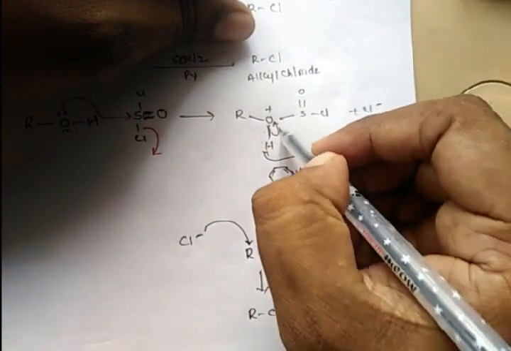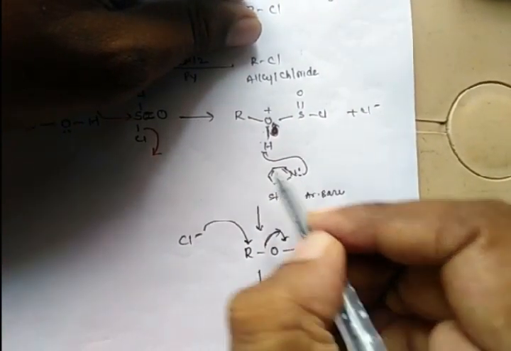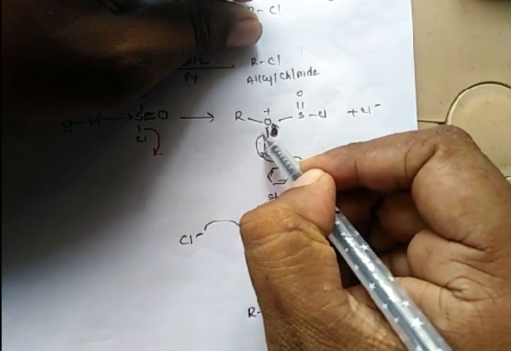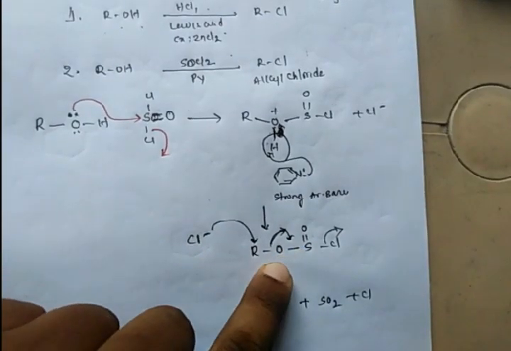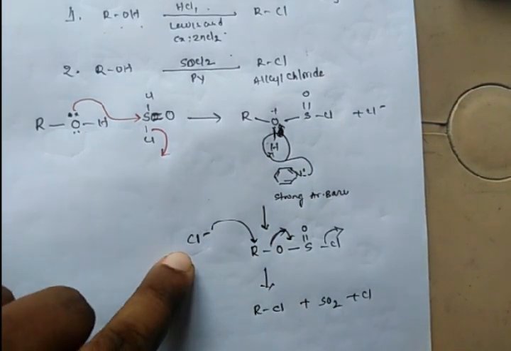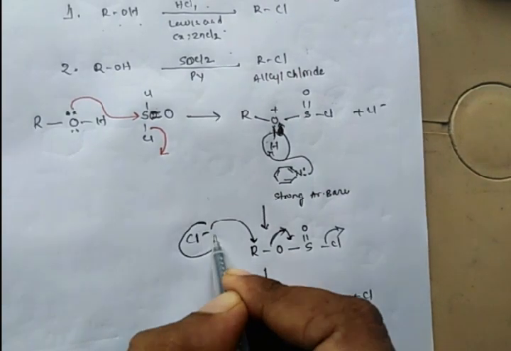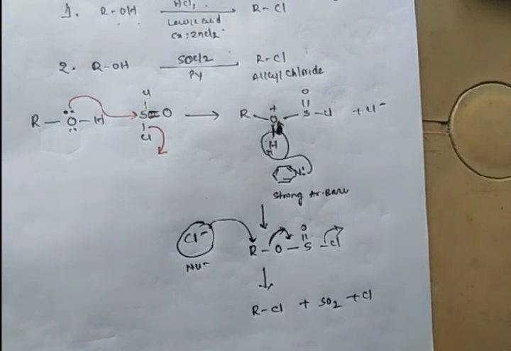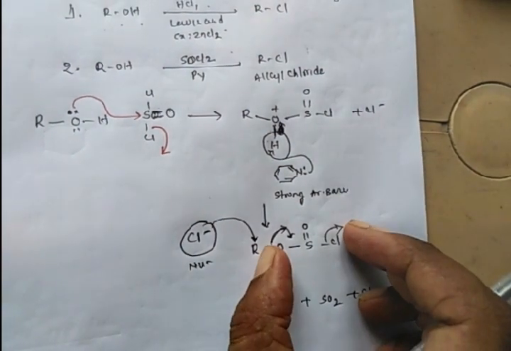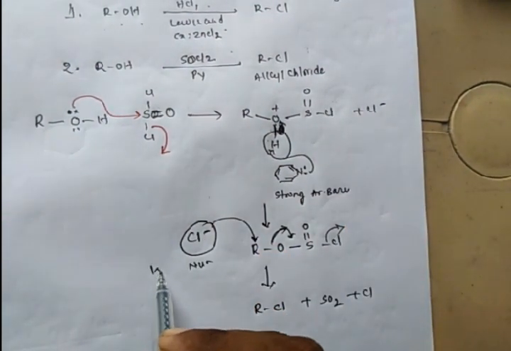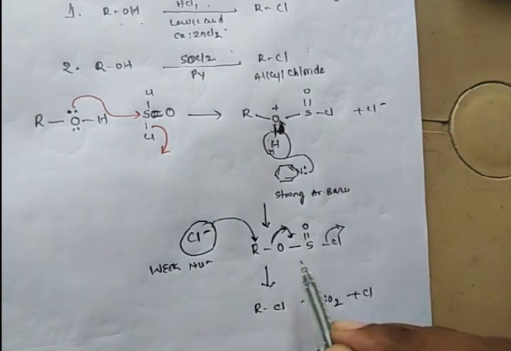Sorry, I forgot to show the movement of electrons: the strong base abstracts this hydrogen with the electrons of the oxygen-hydrogen bond, and we get this molecule. The reaction medium also contains the chloride ion, which is a nucleophile. It's not a very good nucleophile, but it is a very good leaving group. So chlorine is a weak nucleophile.